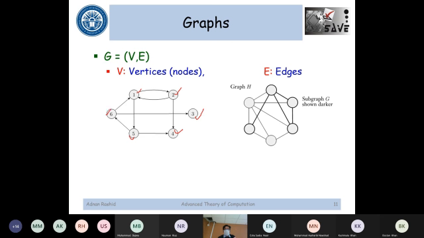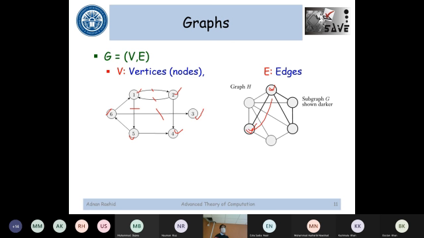And these are the edges. This is an edge, this is an edge, this is an edge. An edge is connecting one node with another one. That's a simple thing that you have to keep in mind. And you are getting some direction for these edges as well. Here, you can't see direction for these edges. So this means that you can either go from here to there, or if you are standing there, you can go here as well.